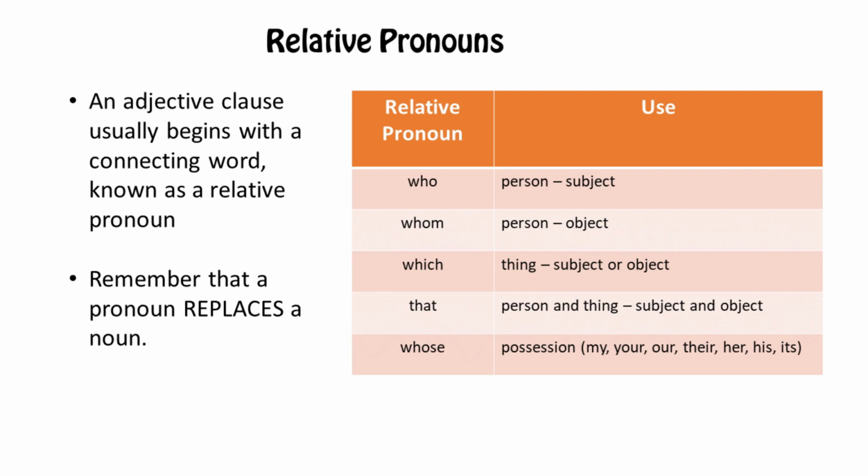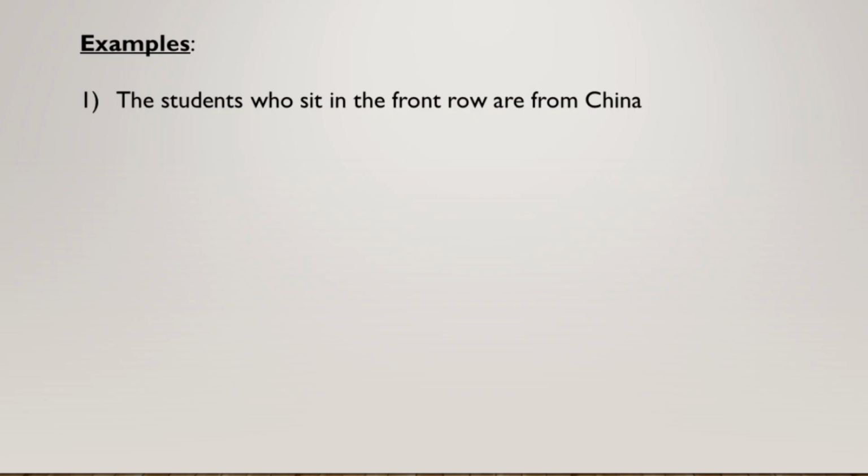Which is for a thing as subject or object. That is for a person and a thing, for subject and object. And whose is for possession: my, your, our, their, her, his, its. For example, the students who sit in the front row are from China.